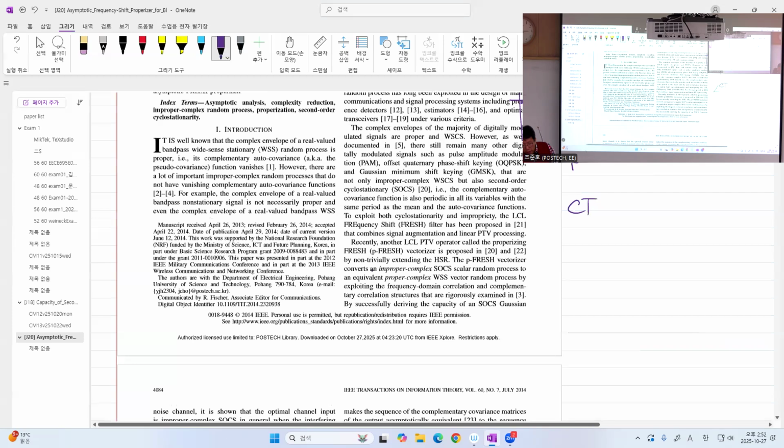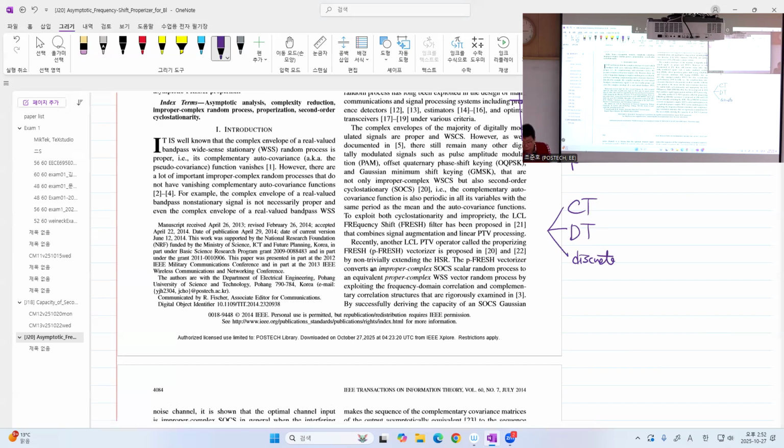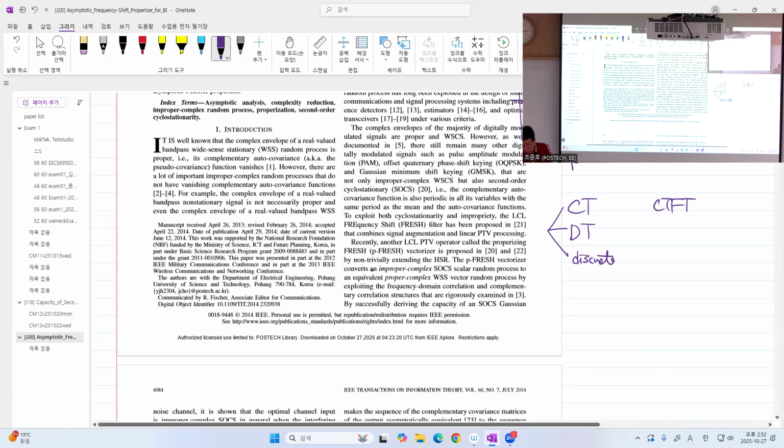The first is continuous time, the second is discrete time, and the third is discrete vectors. For example, continuous time Fourier transform, discrete time Fourier transform, and discrete Fourier transform. The continuous time Fourier transform is on a continuous time signal, the discrete time Fourier transform is on a discrete time signal, and the discrete Fourier transform is on a vector.